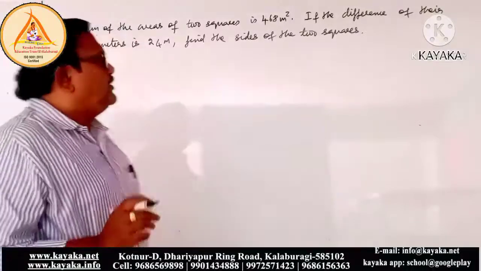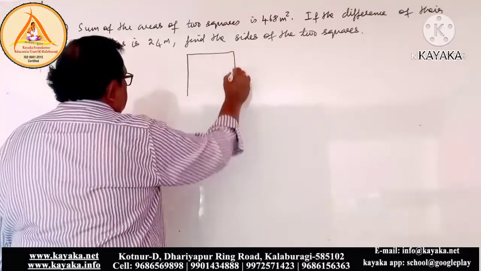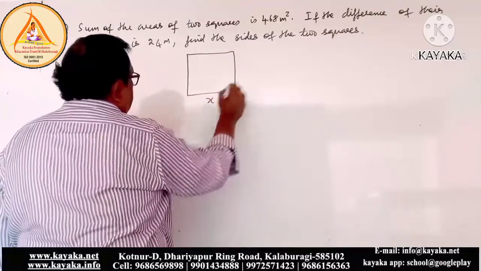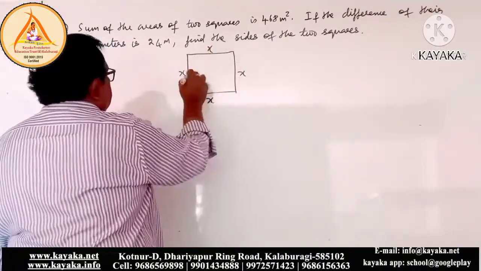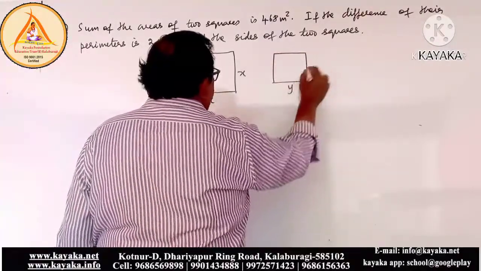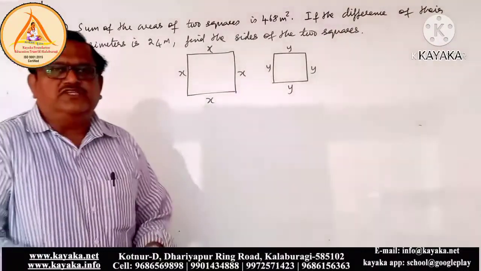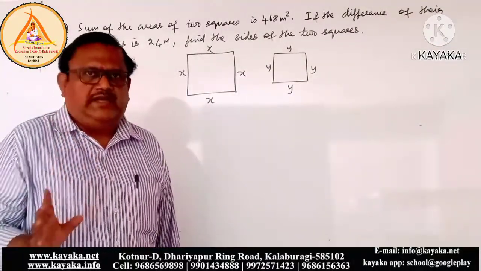Okay, dear children, first you have to draw the two squares. First we will draw one big square. Let the length of the side of the square be x, and we will take one more small square with side y. You know that the area of a square is given by the formula a square.